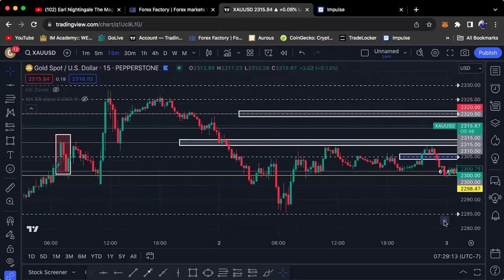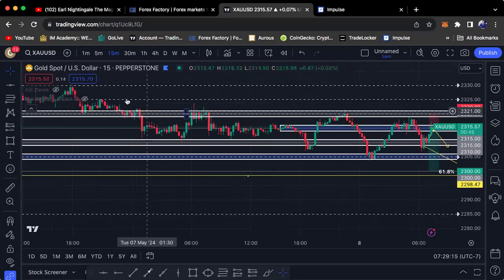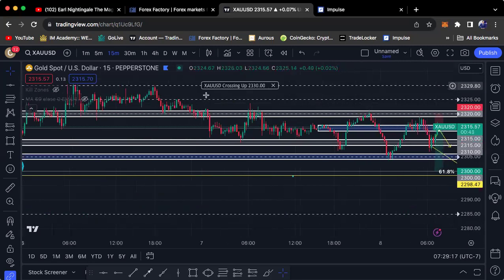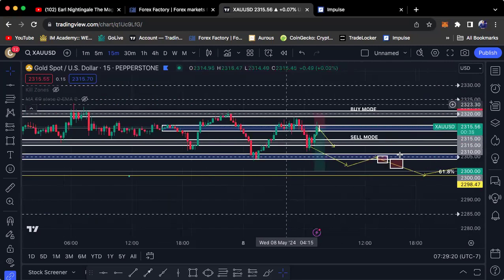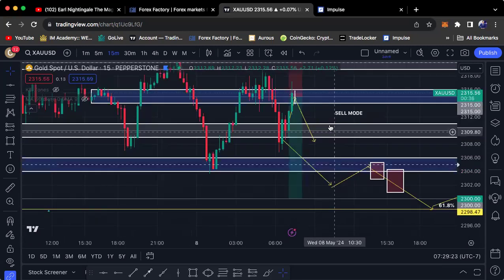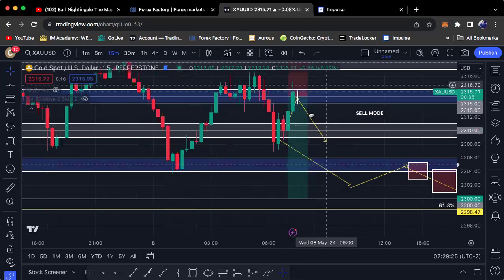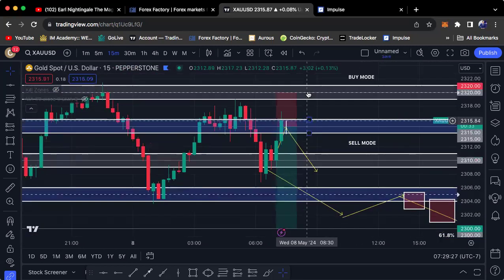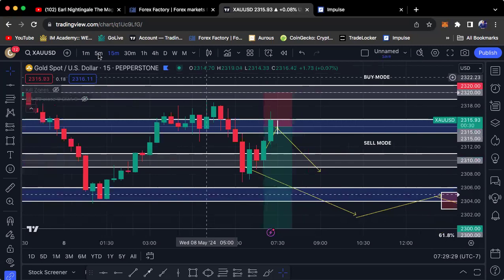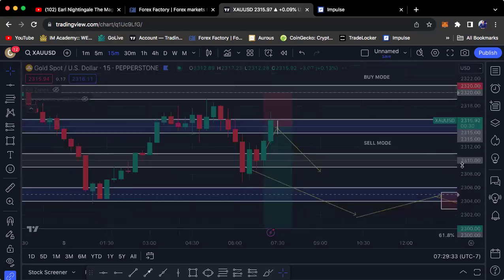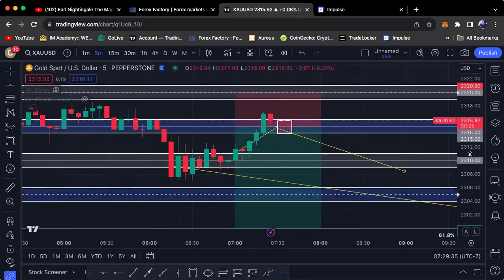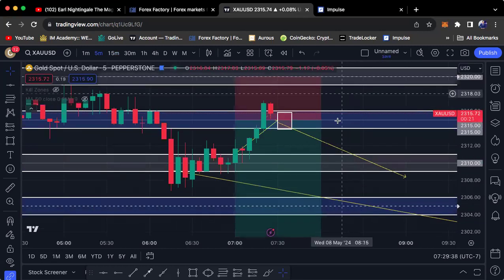But now that we're in a bearish momentum, you see, let's see what happened here. We have less than a minute on this candle.